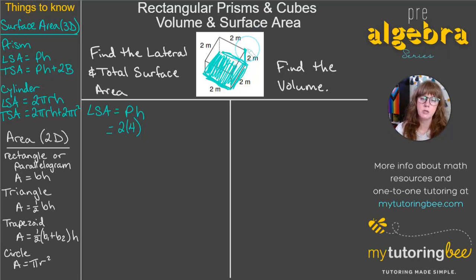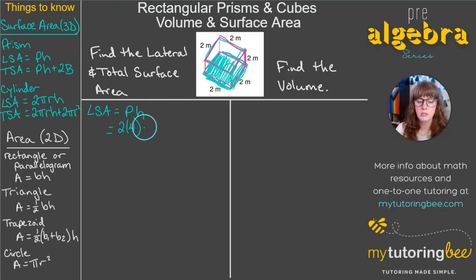So because this cube is 2 meters tall, or in other words, we have 2 meters between our 2 rectangular bases, right? Because we have a rectangle up here at the top too. Let me use a different color so that's a little bit easier to see. We have a rectangle up top, and we have a rectangle at the bottom. So those are our 2 rectangular bases because they are parallel to each other. This 2 meters is that distance between those 2 squares. So that is what we would use for the height of this three-dimensional figure.